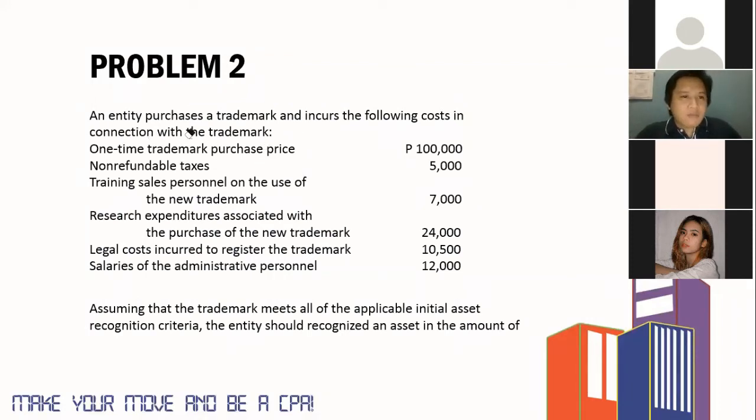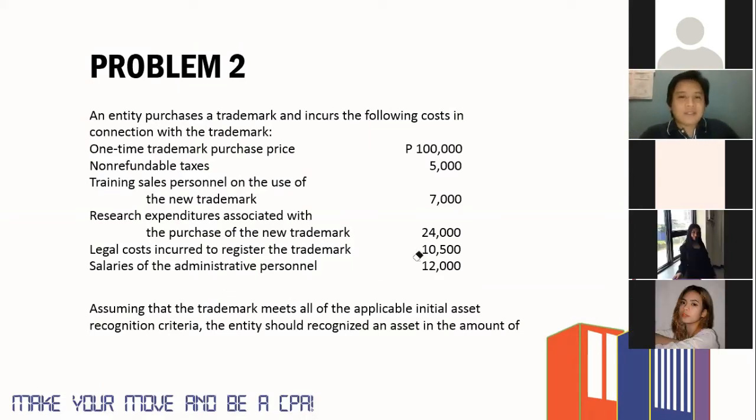So, first item, one-time trademark purchase price, amount of 100,000. Non-refundable taxes, 5,000. Training of sales personnel, use of the new trademark, that's 7,000. Research expenditures associated with the purchase of the trademark, 24,000. Legal costs to register, 10,500. And lastly, salaries of the administrative personnel, 12,000 pesos.